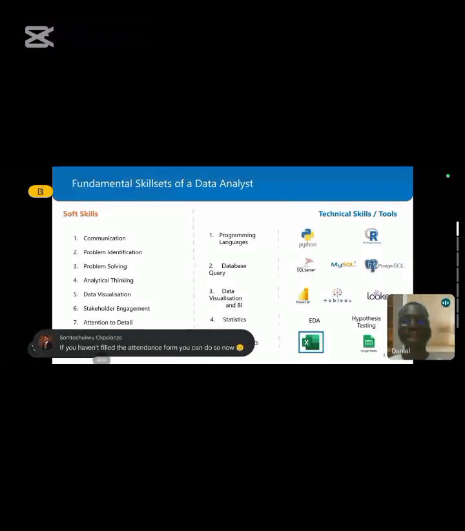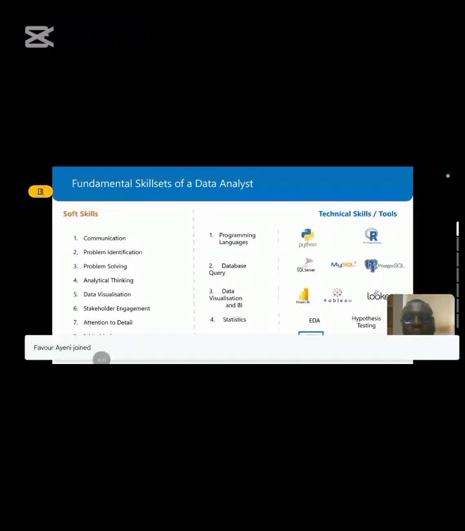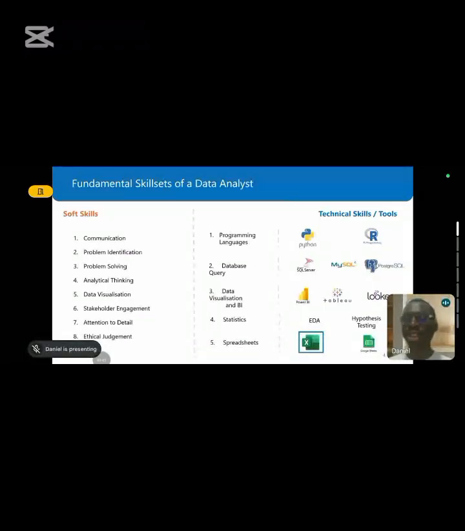So, yes, as a data analyst, you must use Excel. It is a non-negotiable spreadsheet package, Excel or Google Sheets, whatever you want to choose. At the most fundamental level, you must know how to use Excel. But again, following up with that, I'm still emphasizing it's not about the tool itself. It's about what you want to do with it.